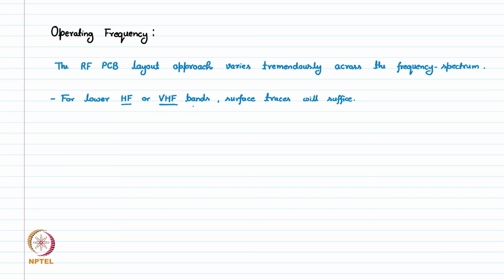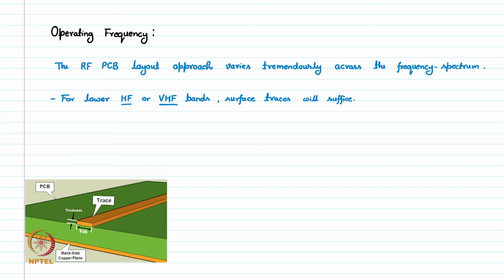In these bands or lower than these bands, even a simple surface trace will be enough for propagating the signal, which looks something like this. We have a standard PCB here. This is FR4 substrate.